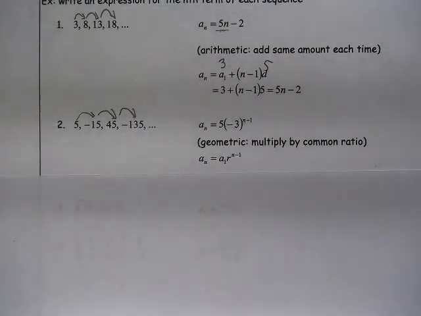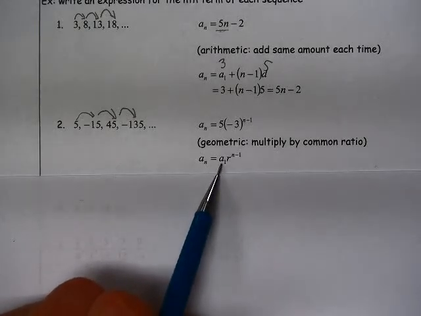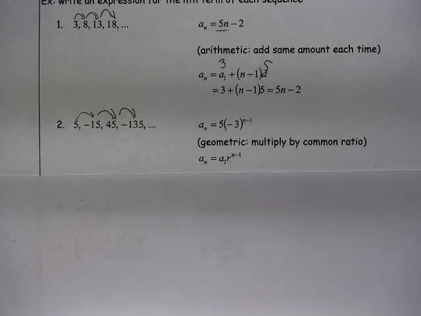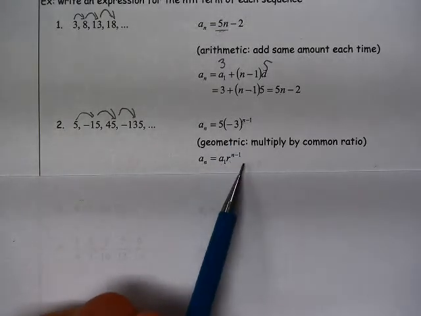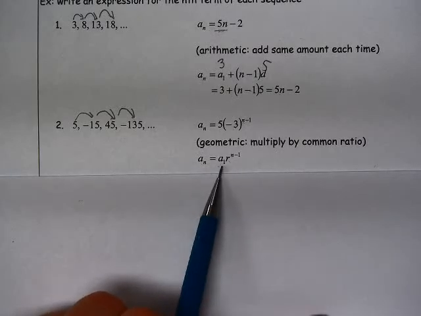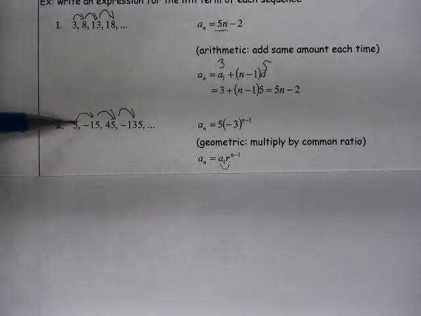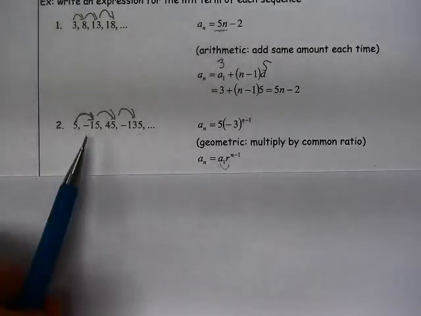And those in general take the form a sub n equals the first term, a sub 1, times r, the common ratio, to the n minus 1. Notice that both of these use this n minus 1, and the reason for that is the first term was already here. So 5 is our first term. Here we're multiplying by a negative 3 to the first power.